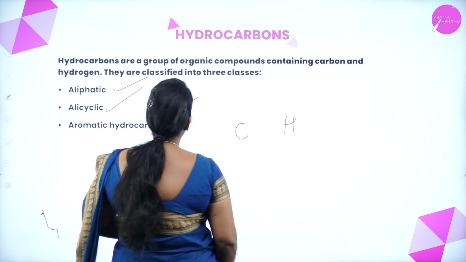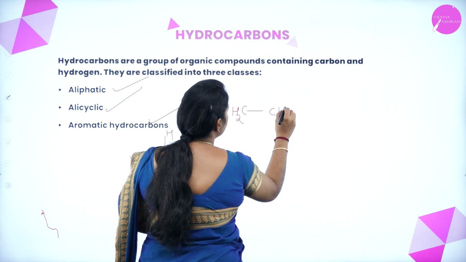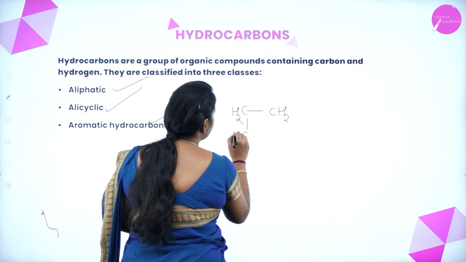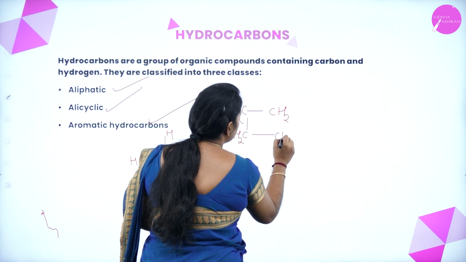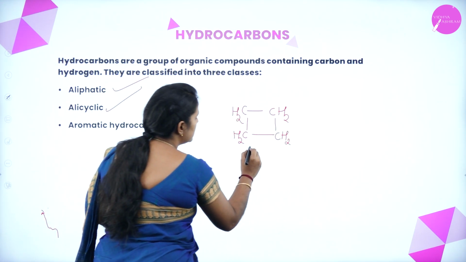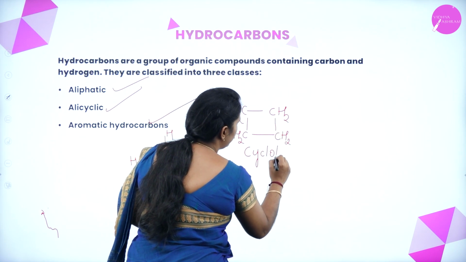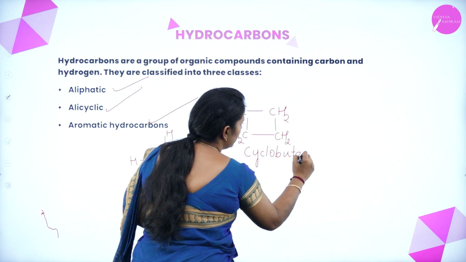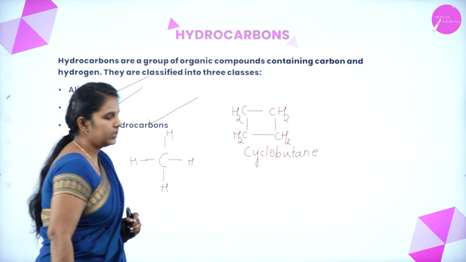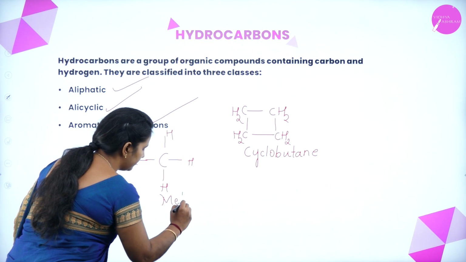The best example is CH2, CH2, CH2 and CH2 in a ring. This is cyclobutane. This is the structure of cyclobutane.